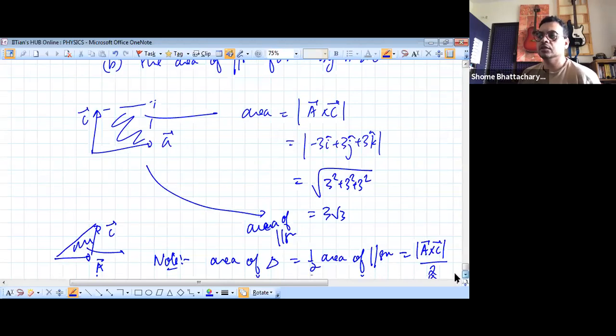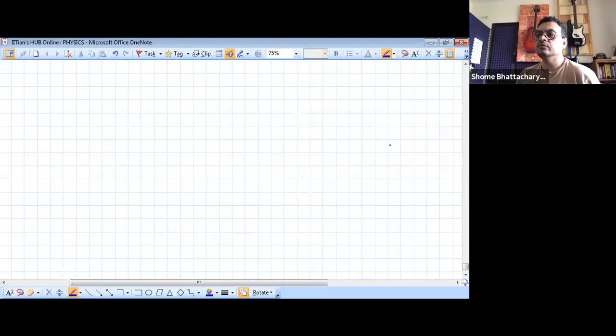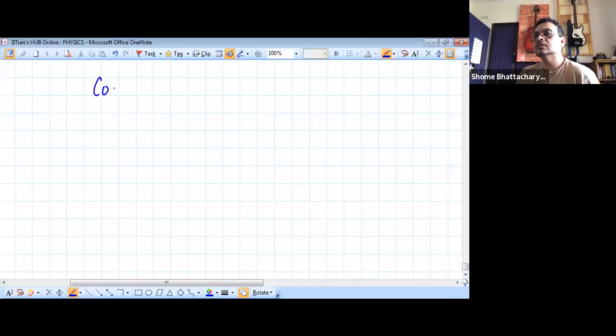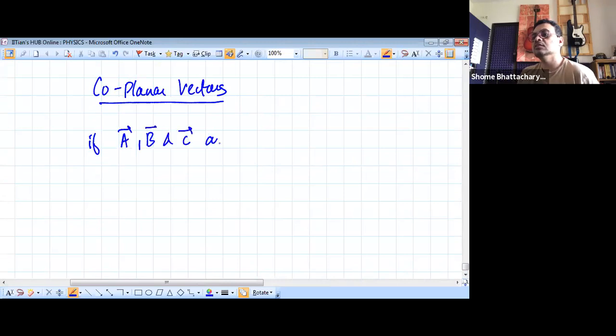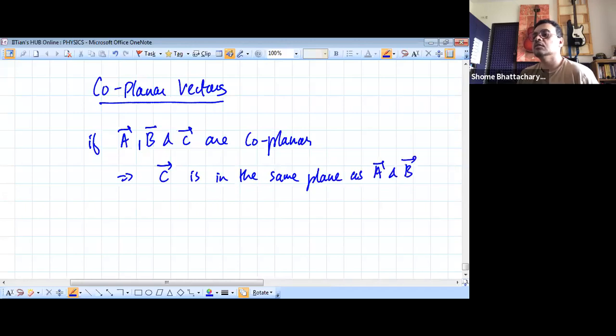common plane. Okay. So just like we have the condition for parallel or perpendicular vectors, like that you have one for coplanar vectors. So for example, if vectors A, B and C are coplanar, okay, that means that vector C, for example, is in the same plane as A and B. Okay.